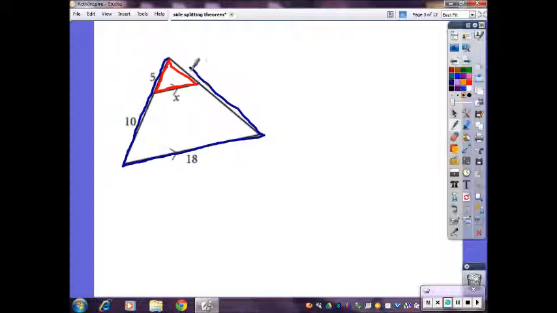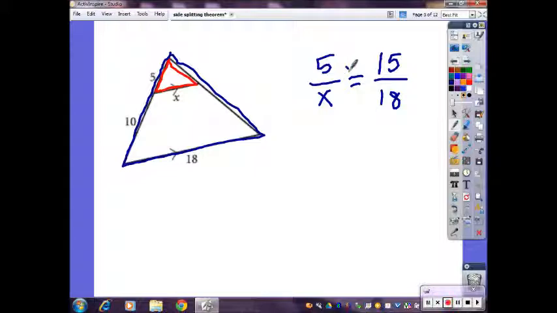So my first ratio could still be 5 to x, but instead of writing 10 to 18, you have to think little triangle, big triangle. So in the little triangle, the length of this side was 5, but in the big triangle, the length of this side isn't 10, it's 15. So instead of writing 10, I write 15 to 18.